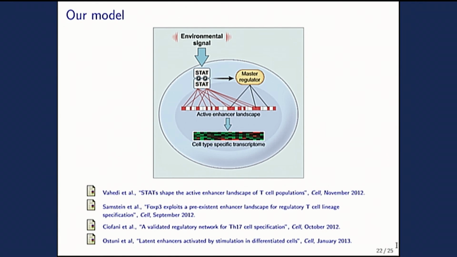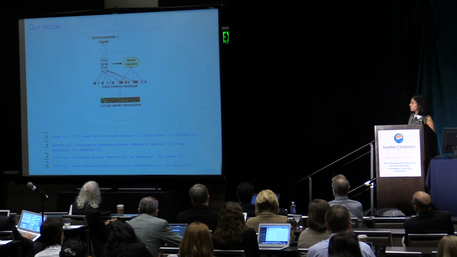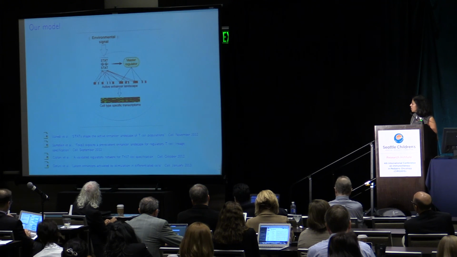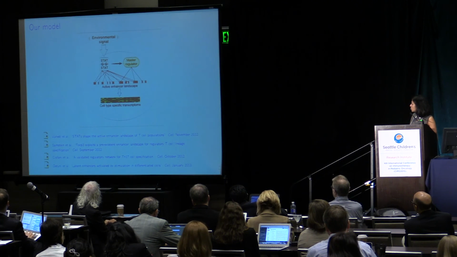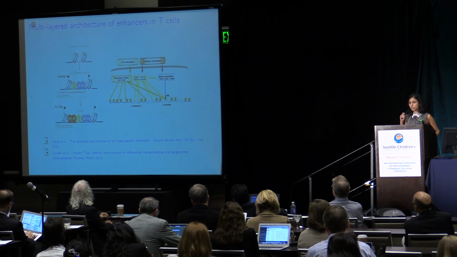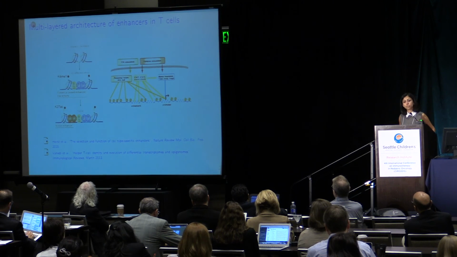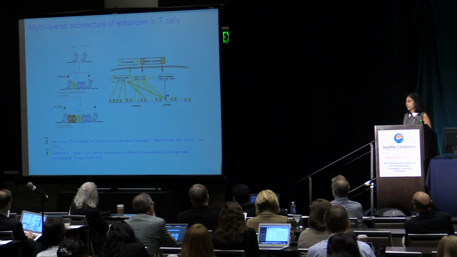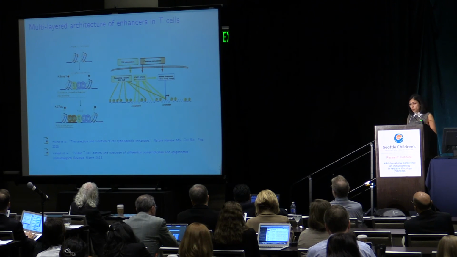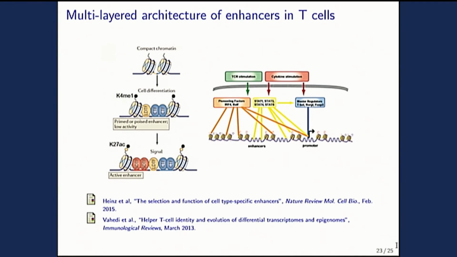Within a span of a few months, this observation was seen in other systems such as Th17 cells, Tregs and macrophages. So putting all these studies together, we would like to suggest that the formation of enhancer landscapes in immune cells seems to be a hierarchical event, and there seem to be different categories of transcription factors doing different kinds of jobs.